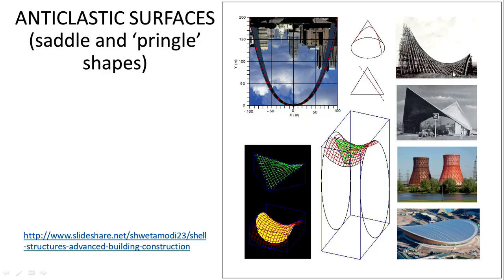Okay, so isn't that lovely? This connects you to a very nice website if you're interested in shell structures generally, and it is in your bibliography, so don't worry about writing it down now. I've already mentioned the catenoid and how useful it is.